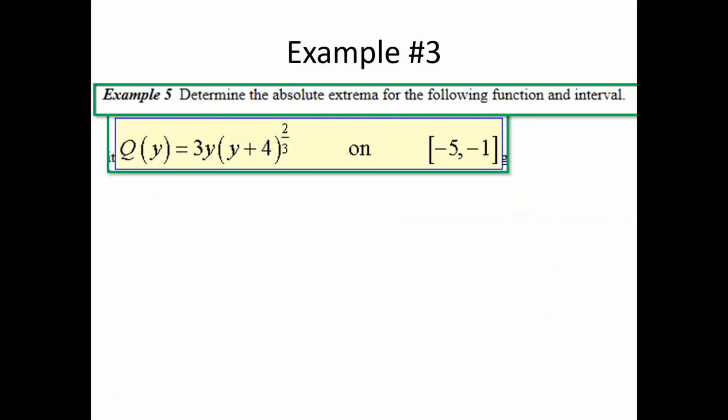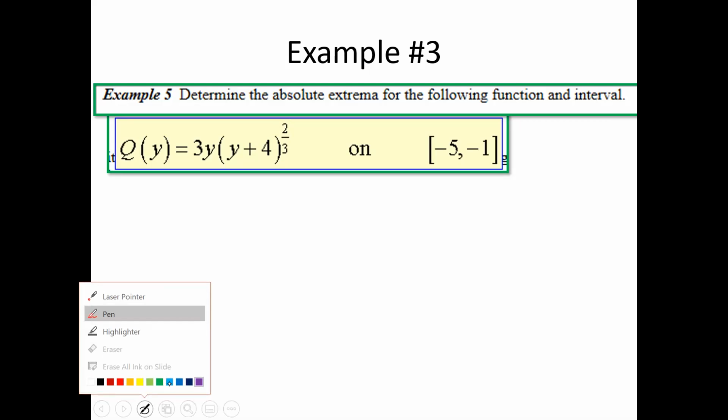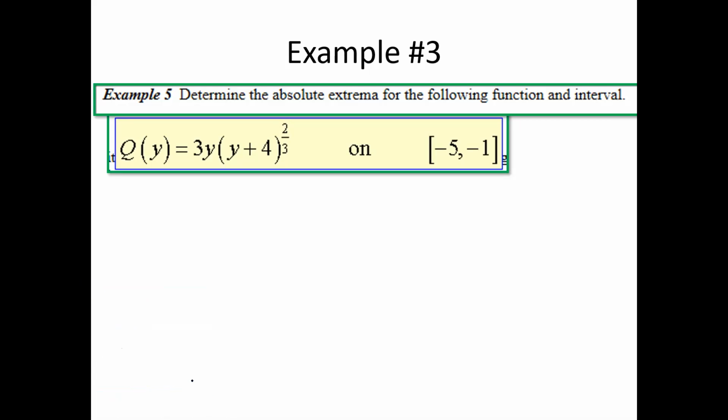Let's take a look at example number 3, okay? With this one, you don't have this in your guided notes, so just follow along with me. You're going to use the product rule with the chain rule to find the y value and then test it to see if it's on this interval between -5 and -1.